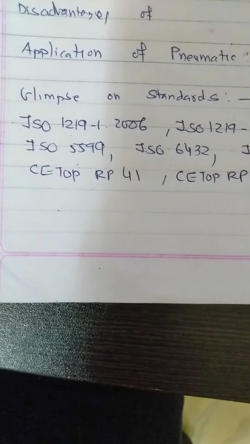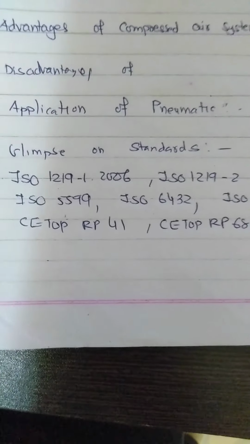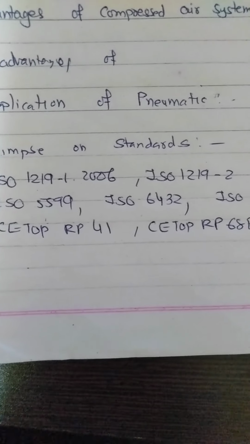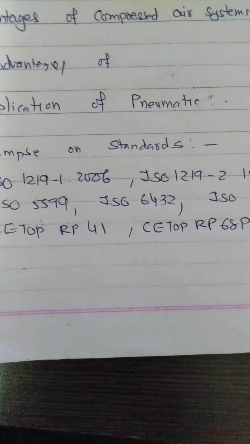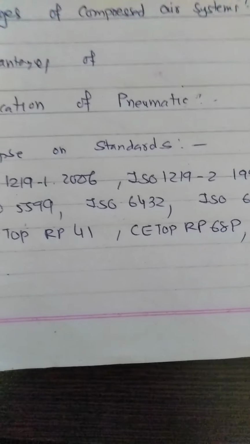Now, a little bit, or you can say a glimpse, on standards. In engineering, standardization is very important, and pneumatic and hydraulic systems also need some standardization. In the early stages of development of industrial pneumatics, the need for standardization was quickly recognized due to the use of inconsistent and often company-specific terminology.